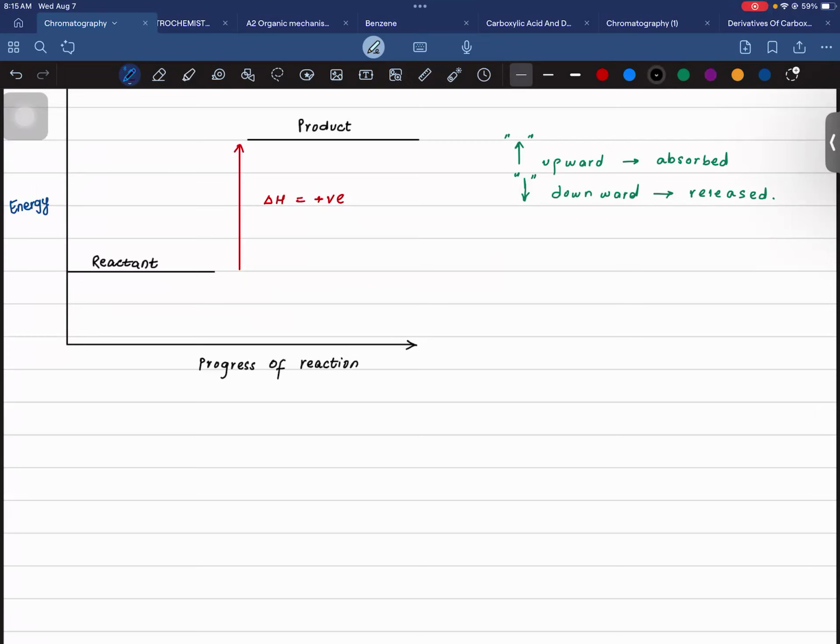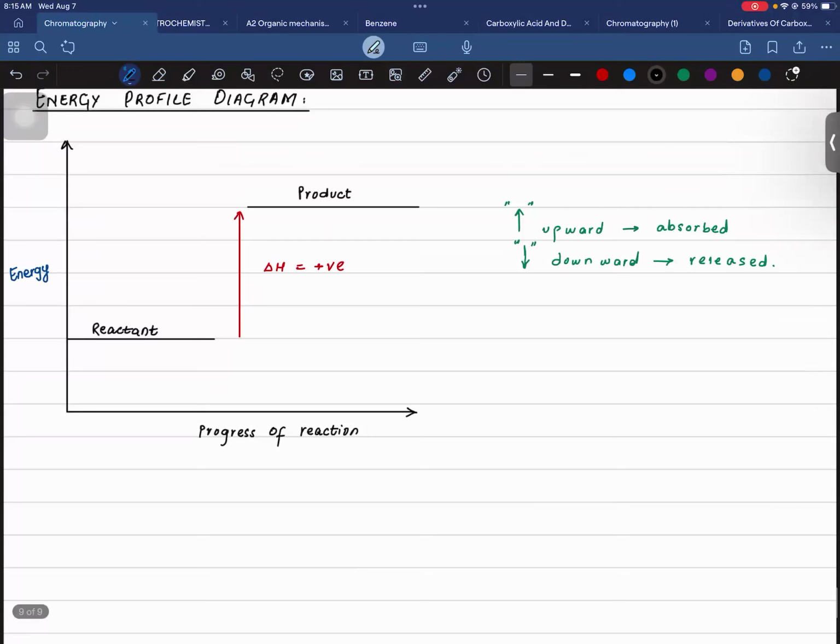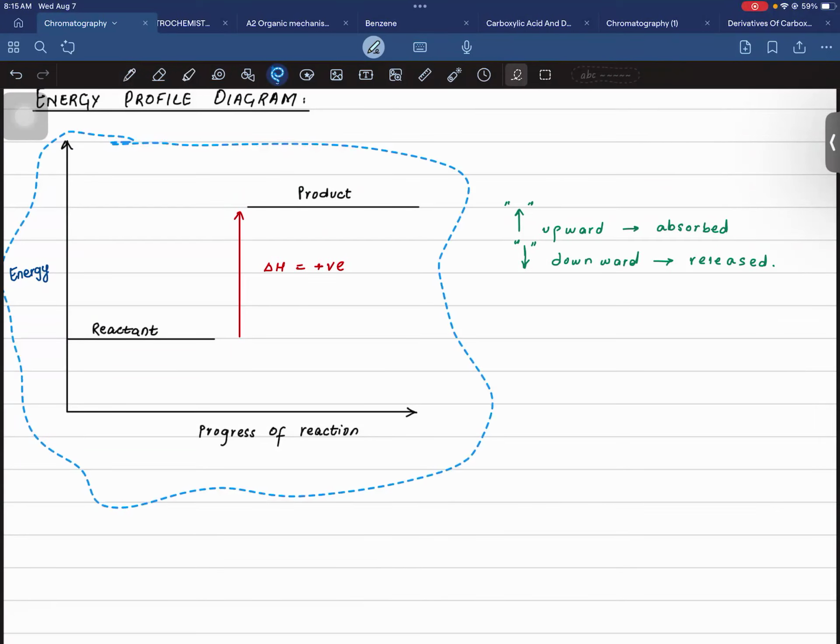Without activation energy, we have another energy profile diagram in which we would be showing activation energy.